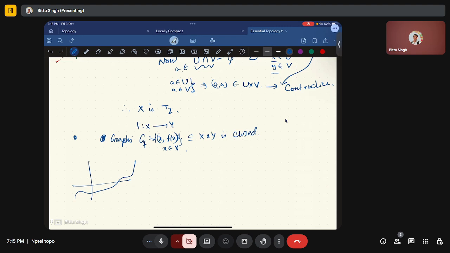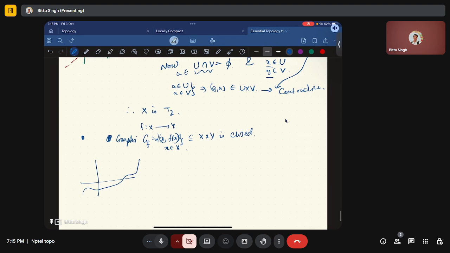This is very useful. For example, we have used this kind of property for connectedness. The idea is very easy, a similar kind of thing. Here we take this continuous map, where one side is identity and one side is f.